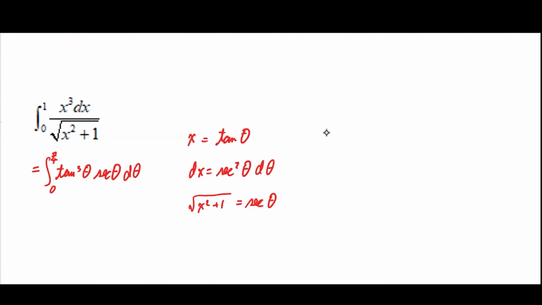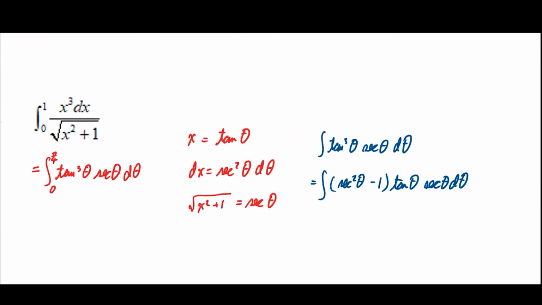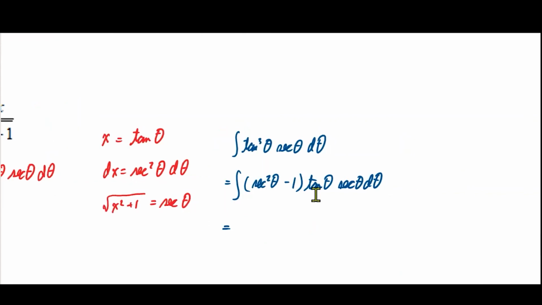So let's integrate this: tangent cubed theta, secant theta d theta. Now the tactic here is, of course, whenever you see an odd power, you change a square term, and then there's one tangent theta and a secant theta. So far so good? Now let's just think. This secant tangent looks like the derivative of this already, doesn't it?